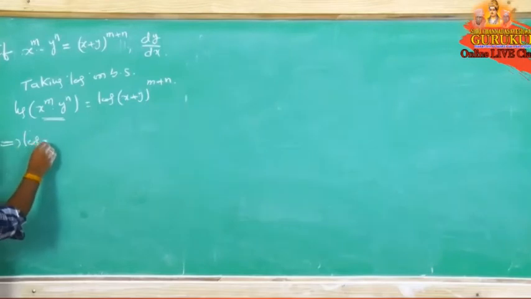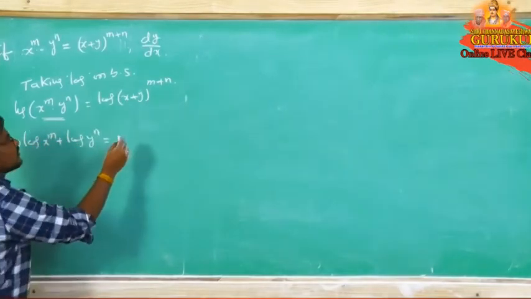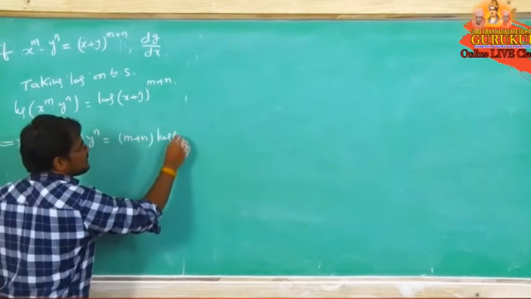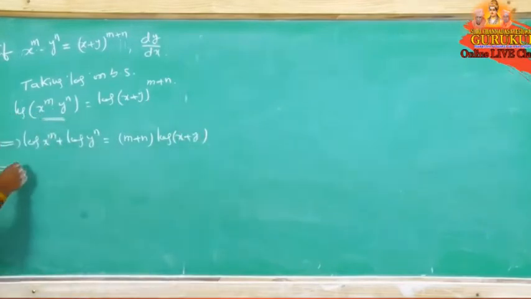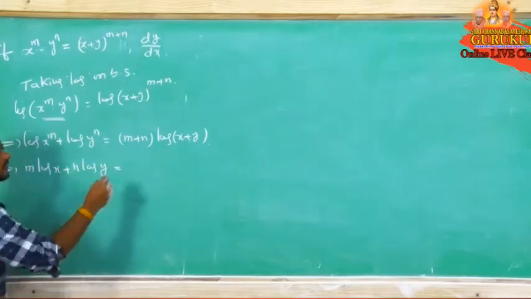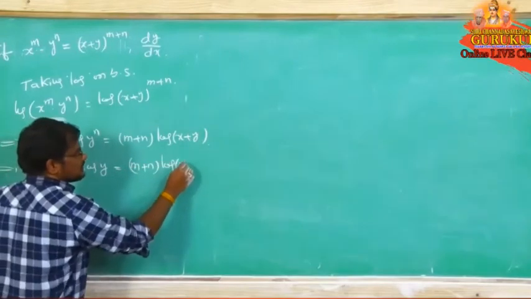Log of x power m plus log of y power n equals m plus n into log of x plus y. Again, m into log x plus n into log y equals m plus n into log of x plus y.